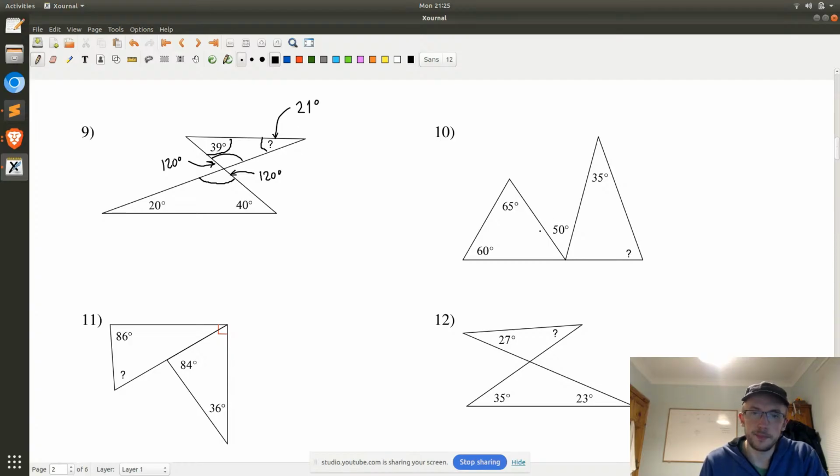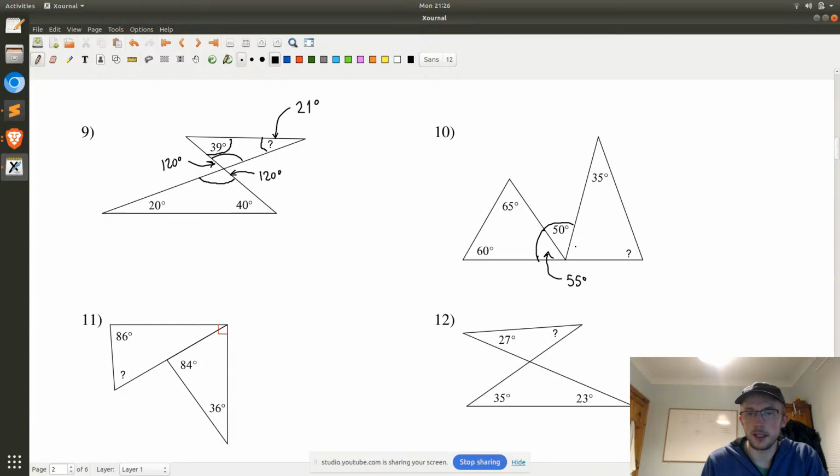All right, so this angle here must be 55 degrees. Added to 50 gives 105.